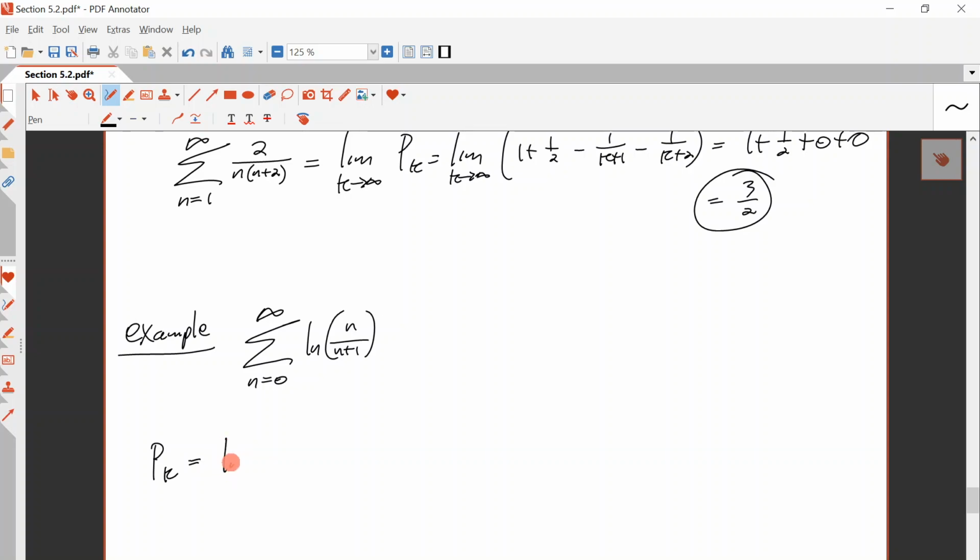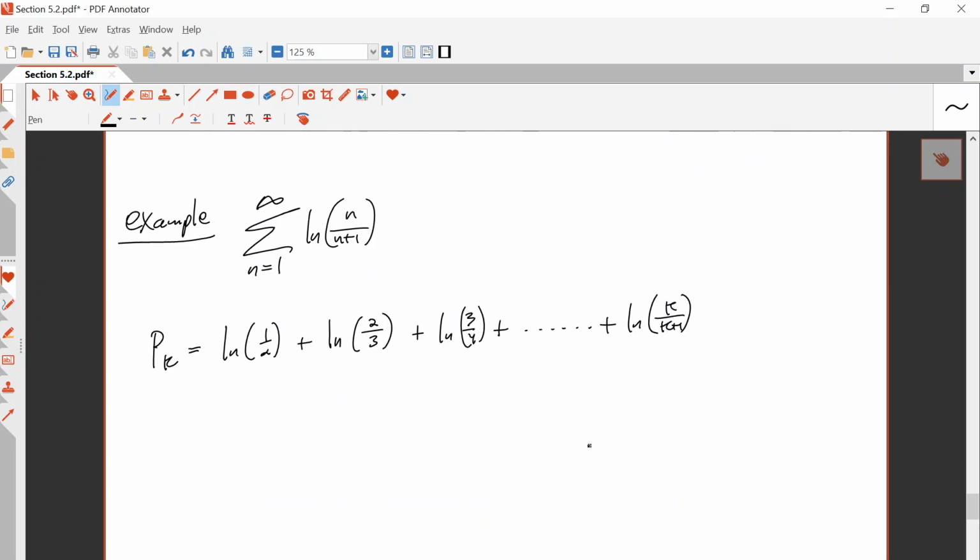It's not starting at 0, sorry, starting at 1. It's natural log 1/2 plus natural log 2/3 plus natural log 3/4 plus natural log k over k plus 1.